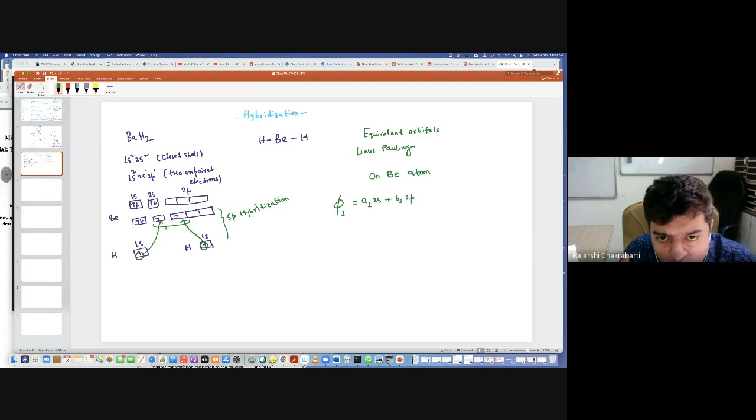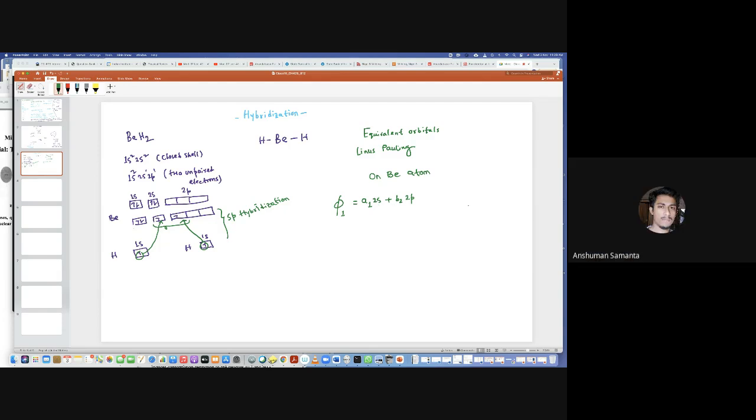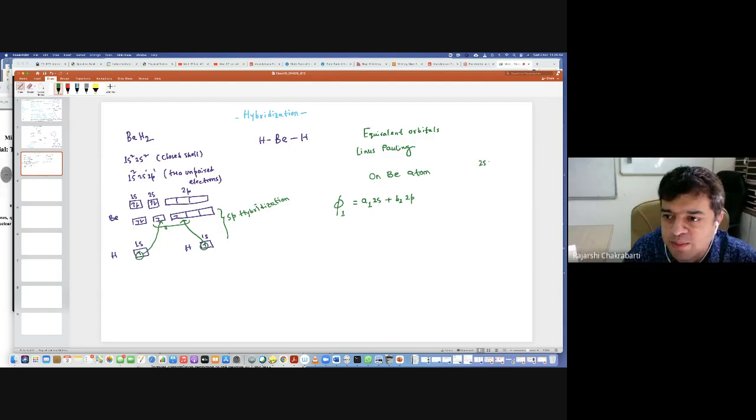Are you okay with this notation? I don't write psi here because I would have to write it again and again. You understand what I mean by 2s here? Yes, sir. 2s means psi 2s, because I am lazy, I don't want to write it again and again. Okay, this is one combination.